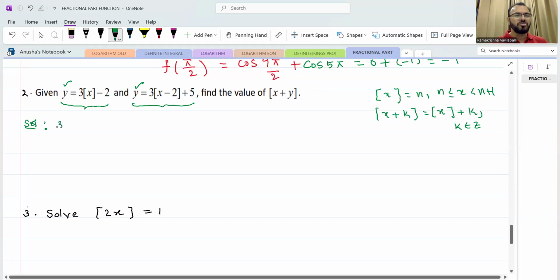So 3 into integral part of x minus 2 equals 3 into integral part of x, I can bring out the minus 2, minus 2, plus 5.